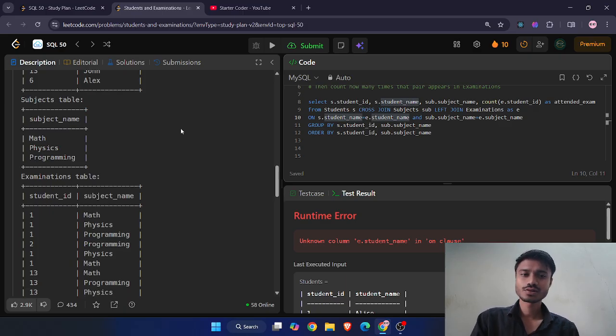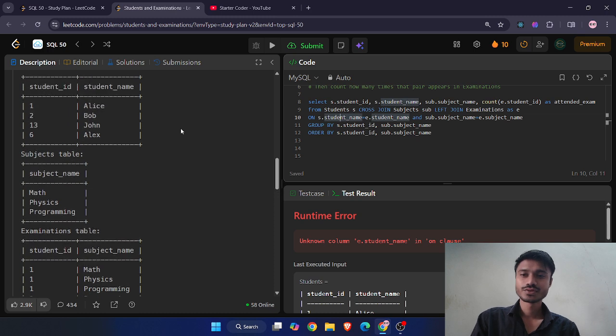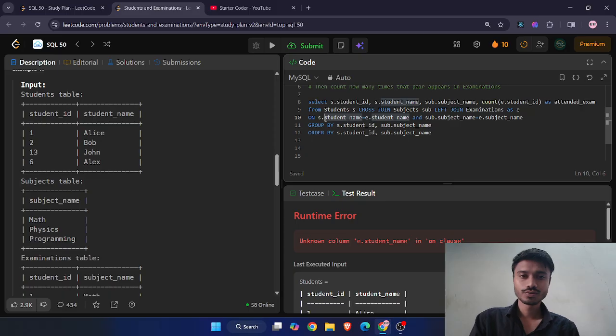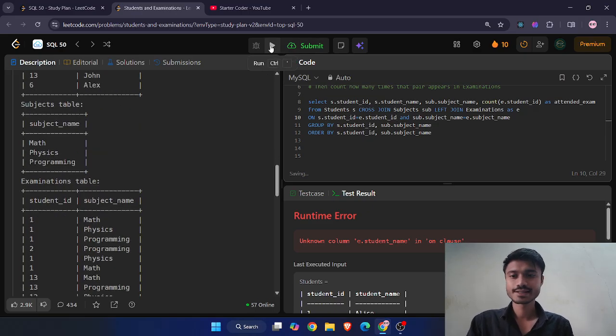Sorry, e does not contain the student name, so here we need to write student id. Yeah, so that was the problem. That's how we fix our bugs.